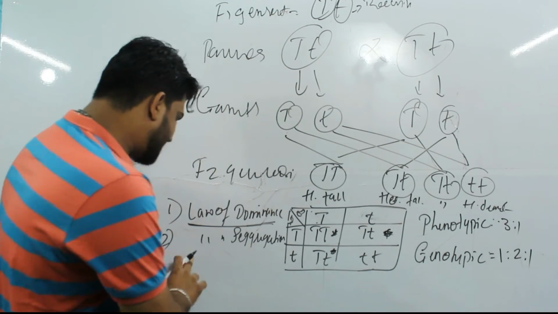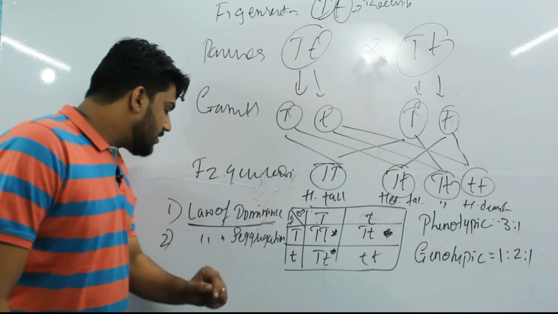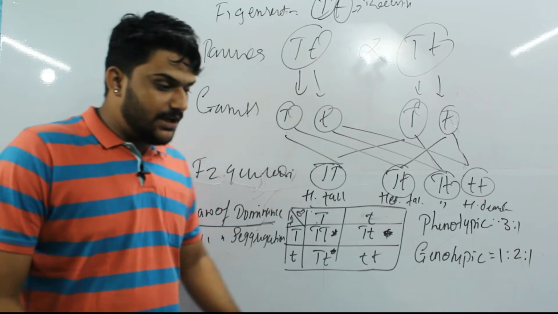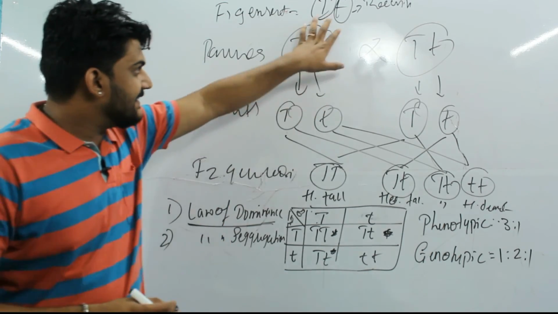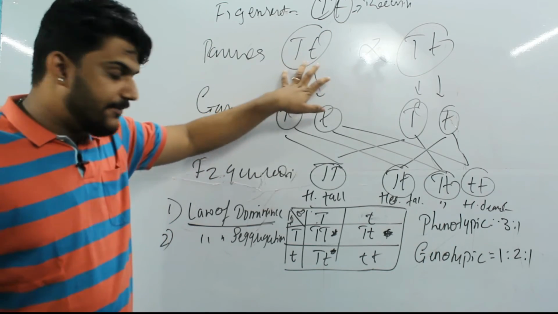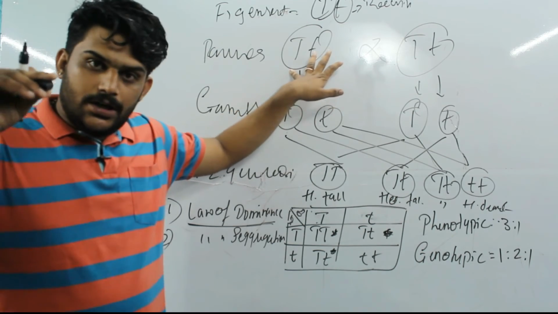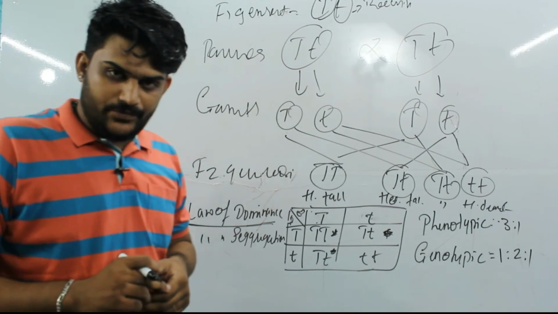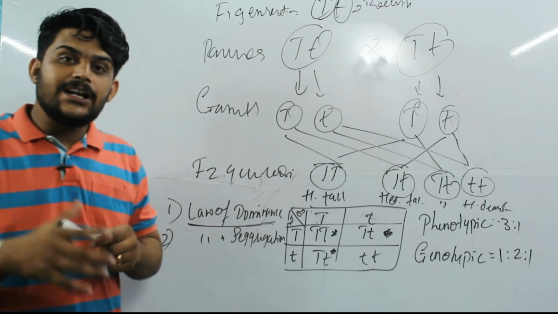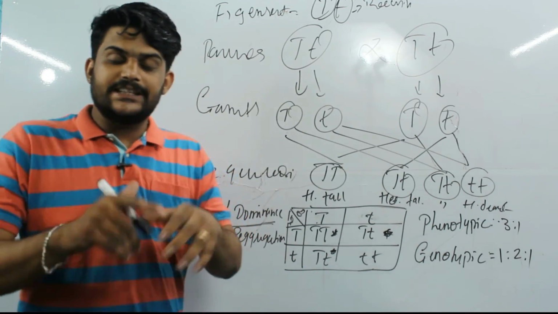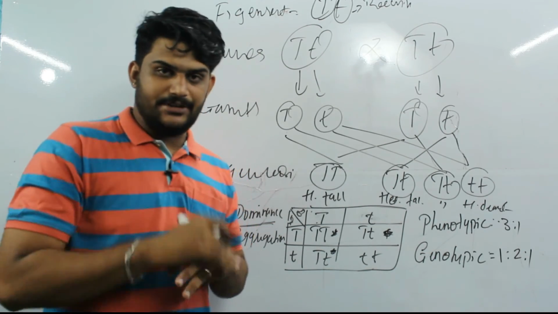These are the two very important laws stated by Mendel. The next law states that whenever a pair of factors, like these two, is present in an individual or in a hybrid, they are going to segregate or separate themselves during formation of gametes.